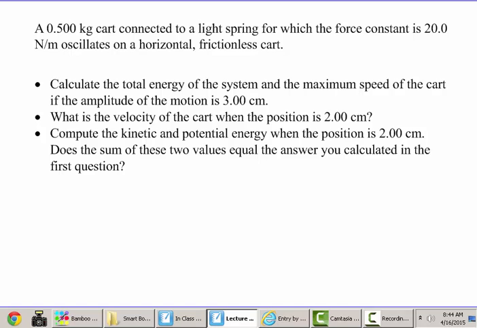All right. So let's try a problem like this. If you guys want to try this one on your own, I think you can do it. You have a 0.5 kilogram cart connected to a light spring in which the force constant is 20 newtons per meter. Calculate the total energy of the system and the maximum speed if the amplitude is 3 centimeters. If you can't work it, then I'll help you, but I think you could do it.